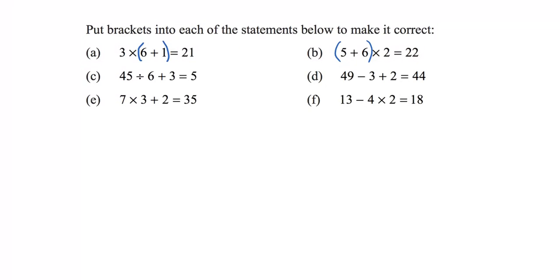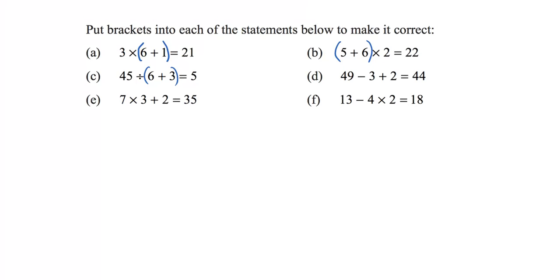Okay, now next one in C, see if you can do this one. Where do we put the brackets? Well, I know my 9 times table, and I know 45 divided by 9 is 5. So that means I'll need to make a 9, right? Otherwise, we're going to be doing 45 divided by 6, which isn't right. So we'll put the brackets around there.